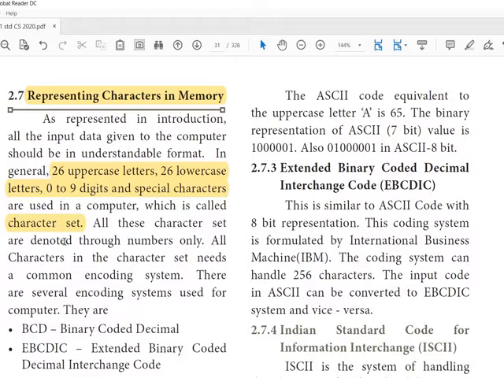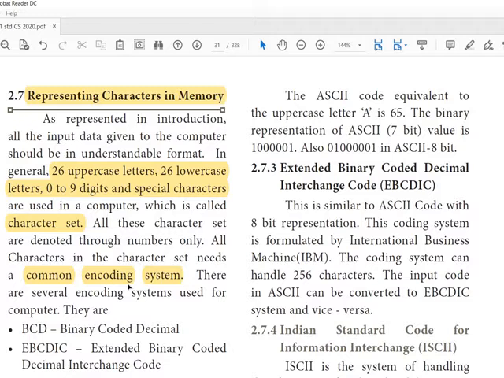All these character sets are denoted through numbers only. That means in the computer, it is going to be represented in 1010 format. Before that, it is having a number. All the characters in the character set need a common encoding system. Common encoding system means if a computer is used in a country like India, and also the same computer is used in another country, each one is using the keyboard for typing the content.